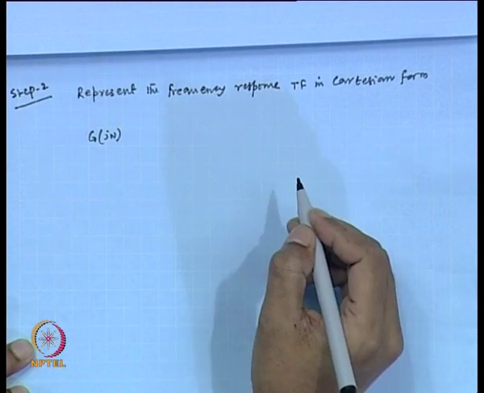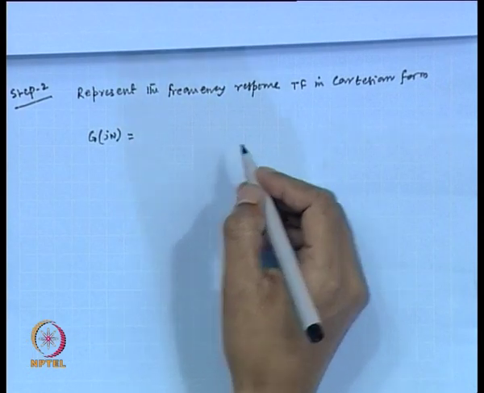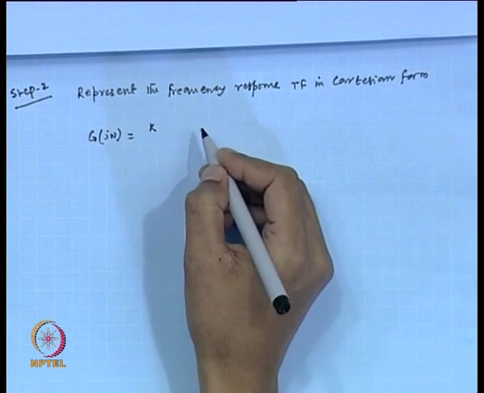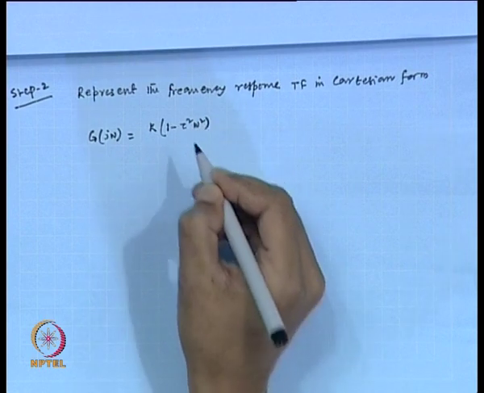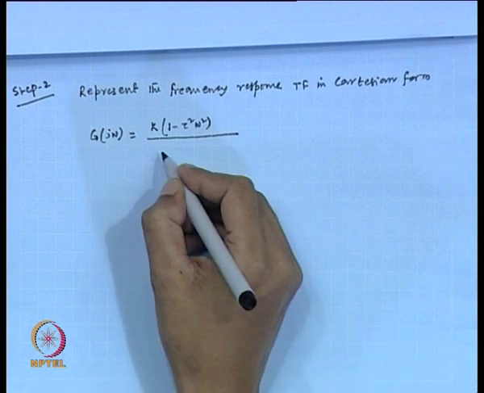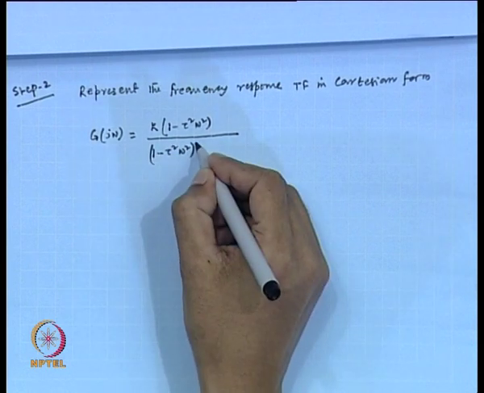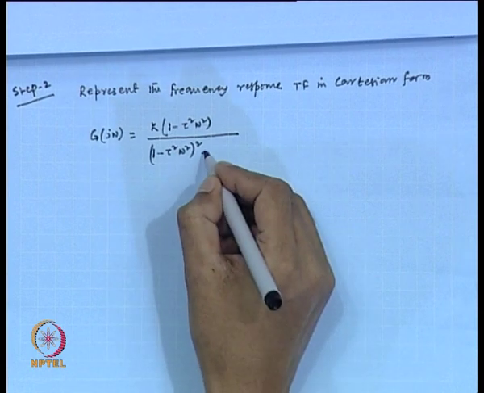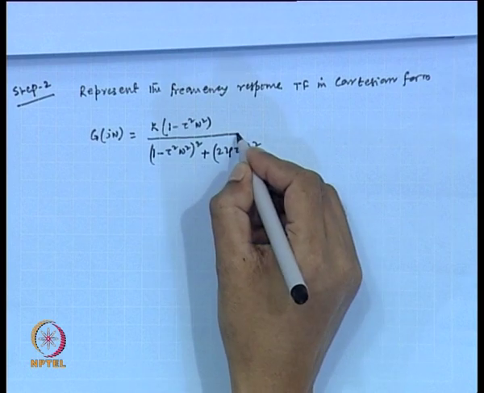So, we can write the frequency response transfer function as k multiplied by 1 minus tau square omega square divided by 1 minus tau square omega square whole square plus 2 zeta tau omega whole square.